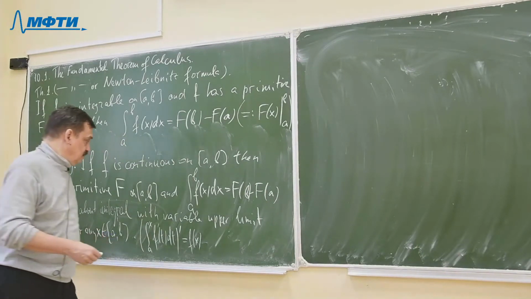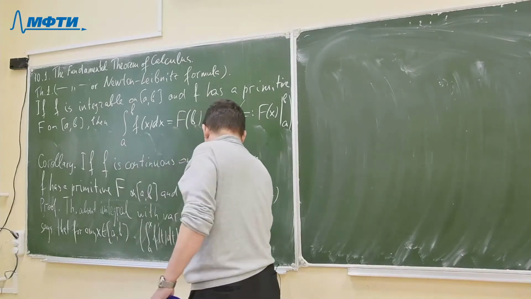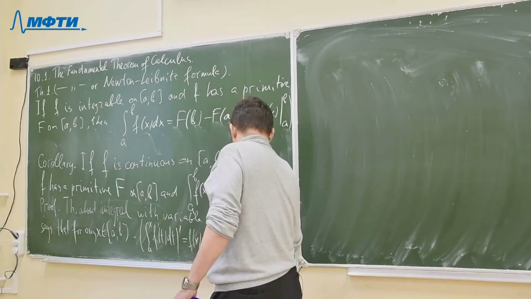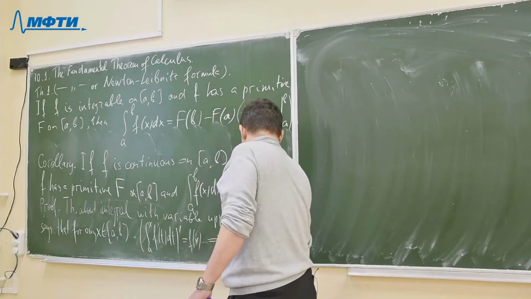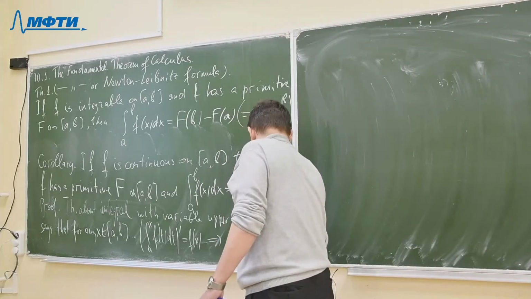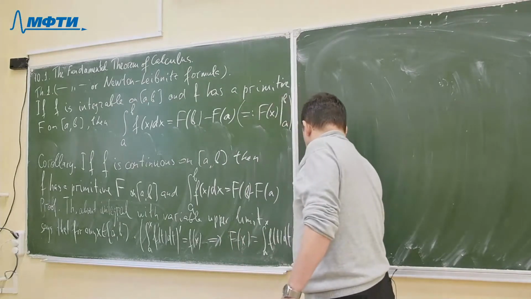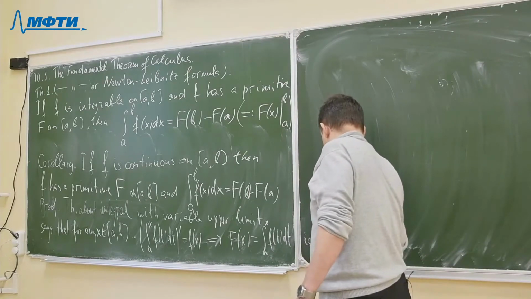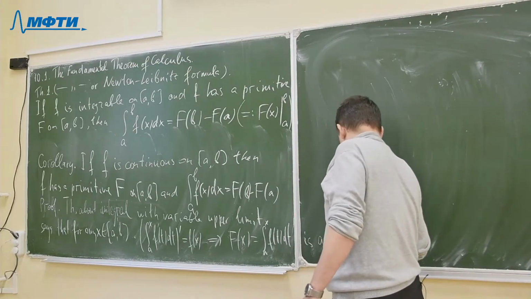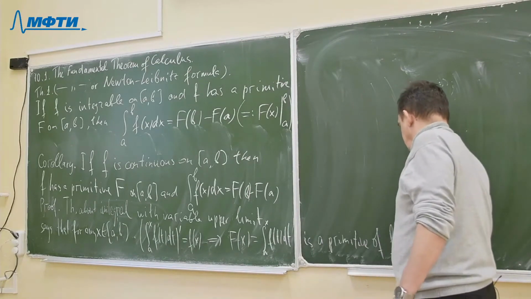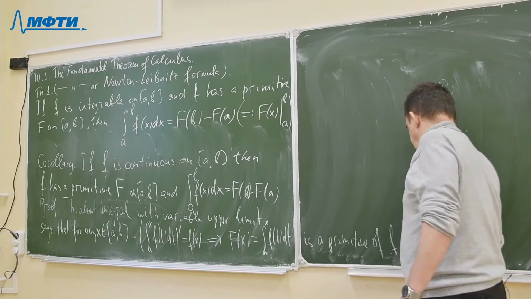So, it follows that capital F of x, which is the integral of f of t dt, is a primitive of f on AB.